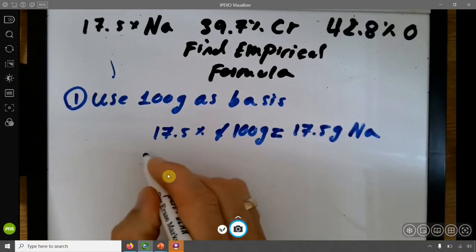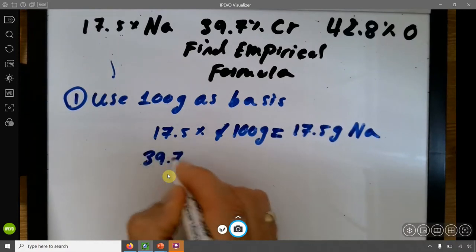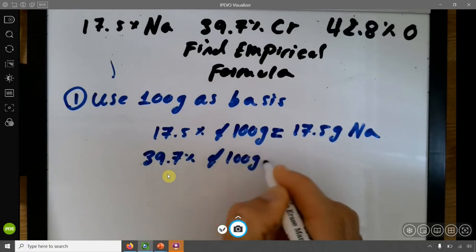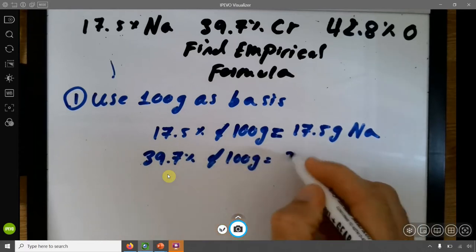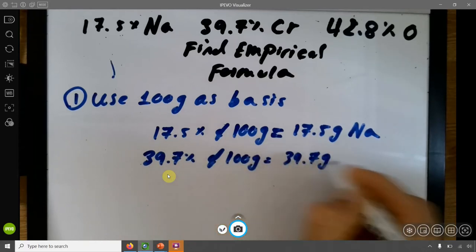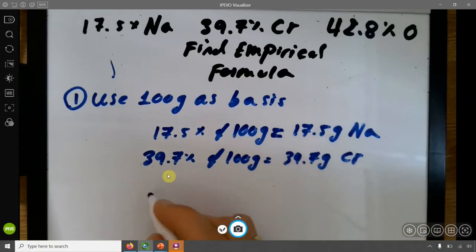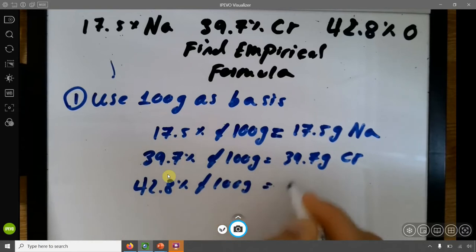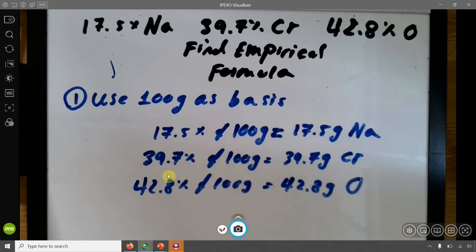The other ones are the same exact thing. 39.7% of 100 grams will give me 39.7 grams of chromium, and 42.8% will give me 42.8 grams of oxygen. So I have these now in grams.